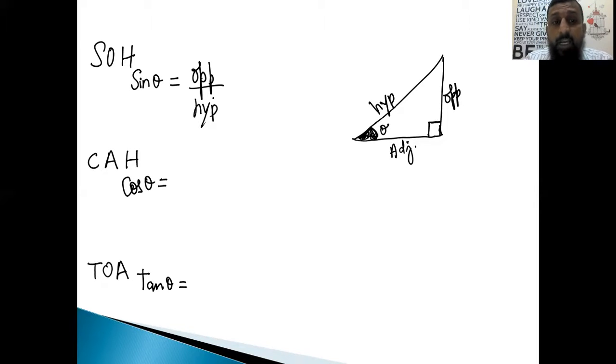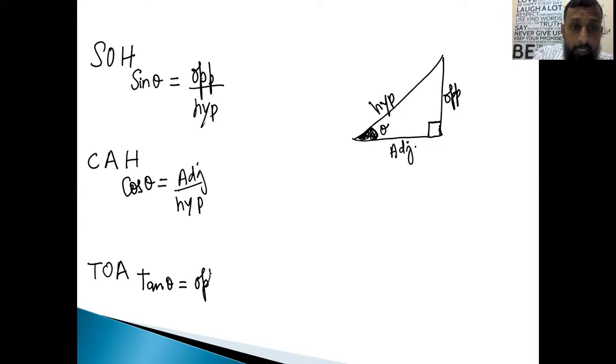So cos theta equals, A stands for adjacent, H stands for hypotenuse, so cos theta equals adjacent upon hypotenuse. The third one, TOA: tangent theta equals, O stands for opposite, A stands for adjacent. TOA means tangent theta equals opposite side upon adjacent side.